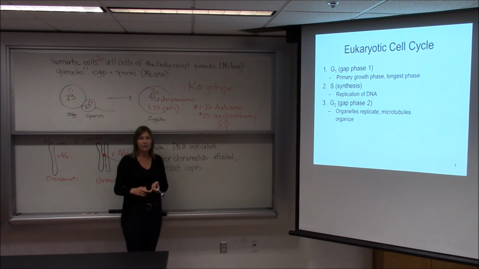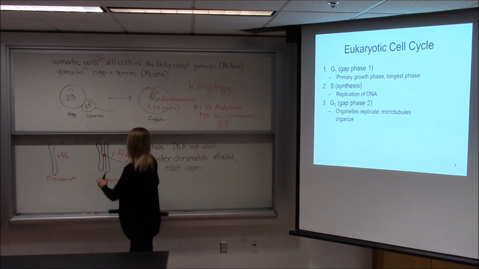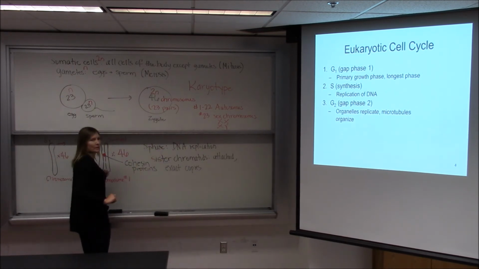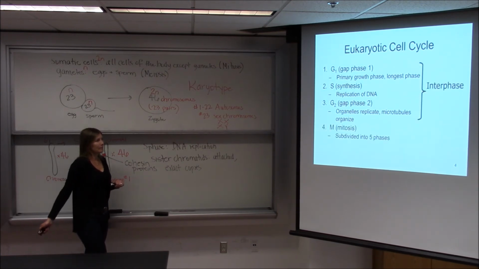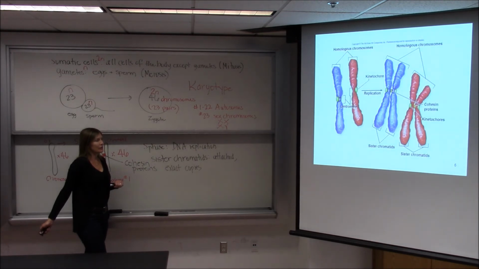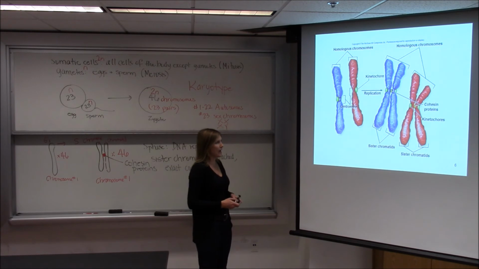So the organelles are going to replicate, and we're going to start organizing these important components called microtubules. Microtubules are what are eventually going to pull these sister chromatids apart so we can form 2 new cells. And we're going to start doing that in G2. I want to show you a picture to talk in more detail about how this is all going to happen.